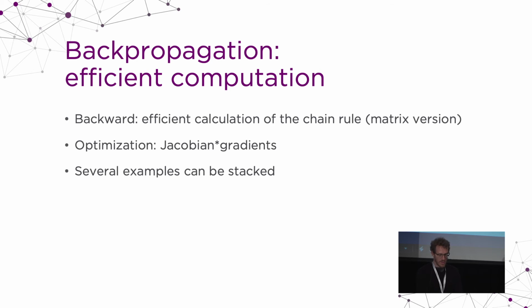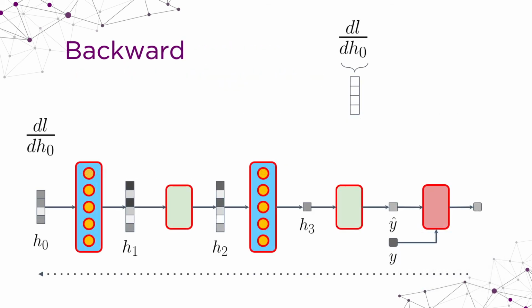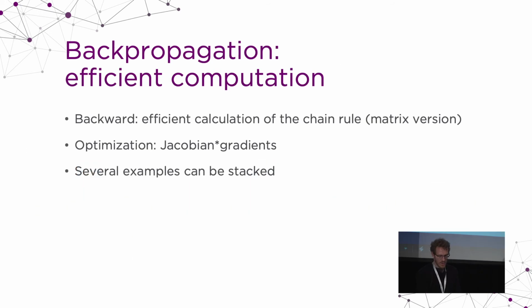And what I'm really doing is multiplying Jacobians. The Jacobians are only a quantity that says, if I change the input, how any output will change. And I will do Jacobian times gradient multiplication, matrix times vector multiplication.